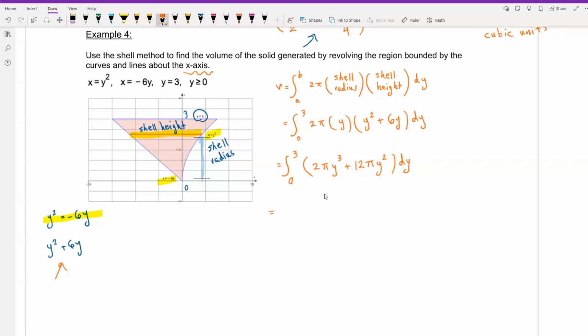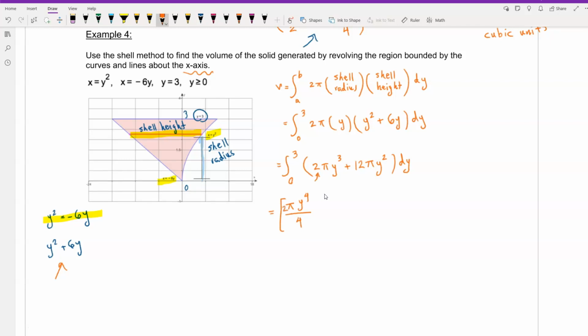Now finding our integral, we have pi. Here we have y cubed, so that is 3 plus 1, we're going to have 4 and divide by 4. So we have y to the 4th power divided by 4, but here we have this 2. We can simplify.